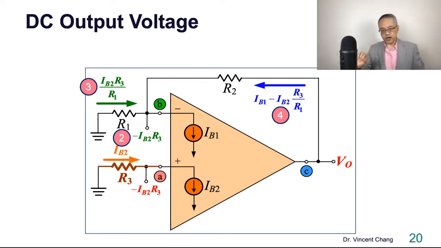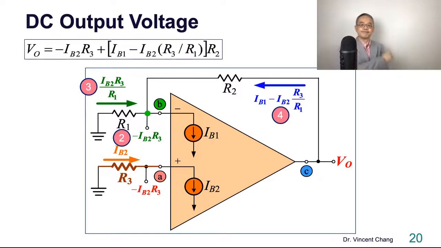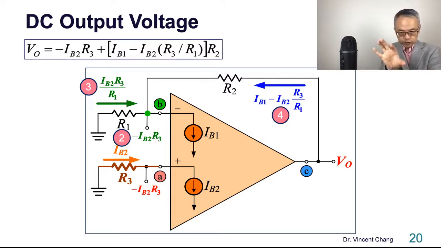Step 5, here comes the output voltage. It's going to be step 2's voltage plus step 4's blue current times R2. Let me say that again: the step 2 voltage plus, because you're going against the current, the voltage increases by the voltage drop, so the blue current times R2.